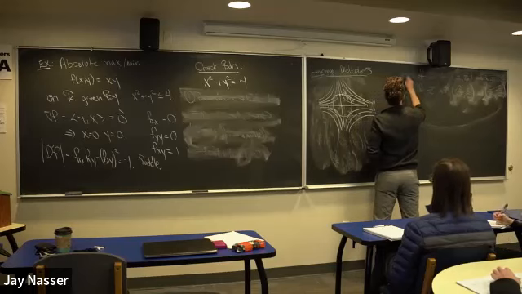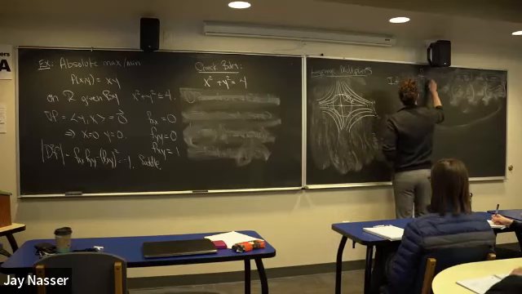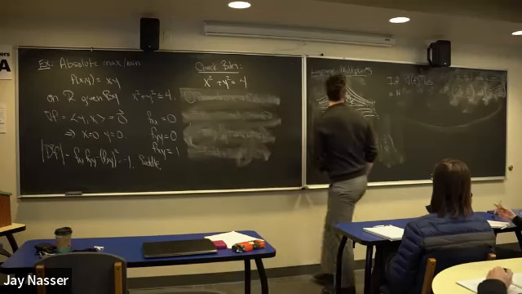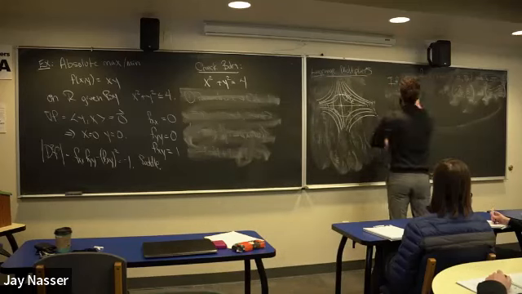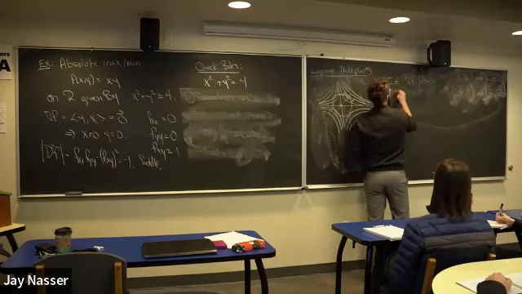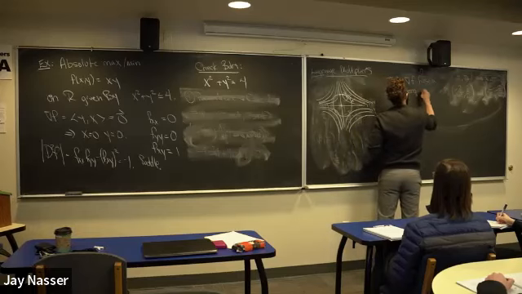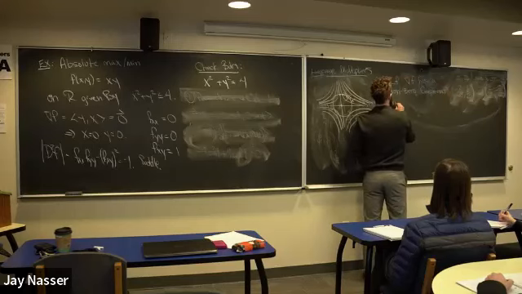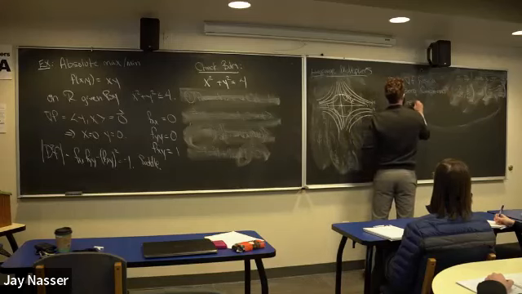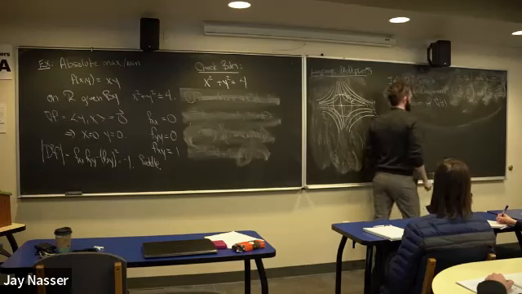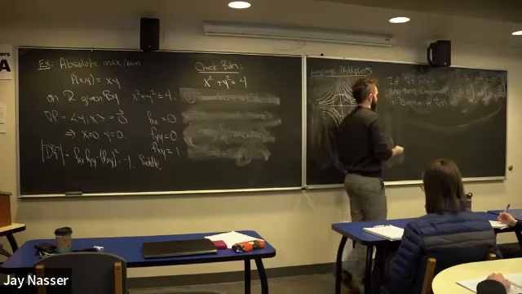Namely, if our gradient has a non-zero component in the direction of v, then we should keep walking.